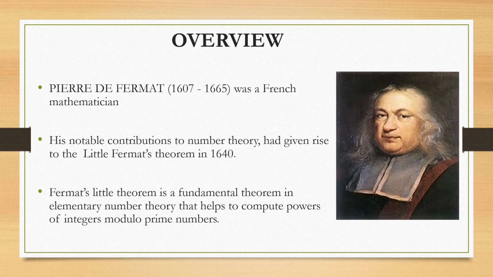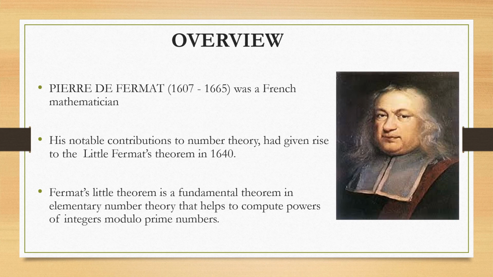There were actually 2 theorems called Fermat's theorem. Just to differentiate, this theorem was named Little Fermat, because there is another theorem called Fermat's Last Theorem. So this Little Fermat's theorem was done in 1640.